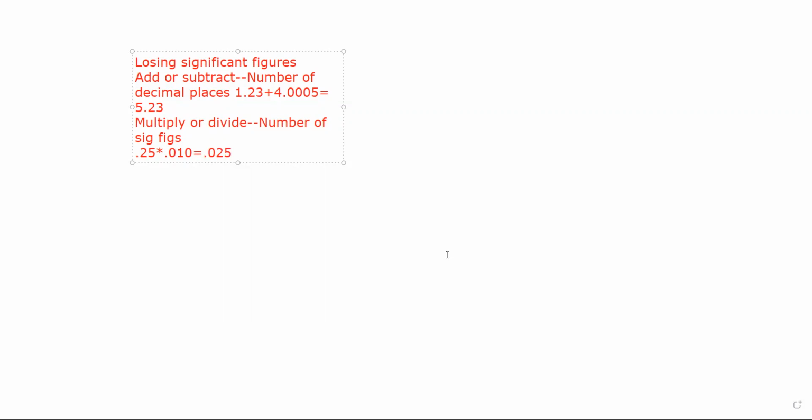And remember that zero prior to the 2, this guy right here, is not significant. This one has 3 sig figs, and this one only has 2, so our answer only has 2, and this guy is a leading zero, so he is not significant.